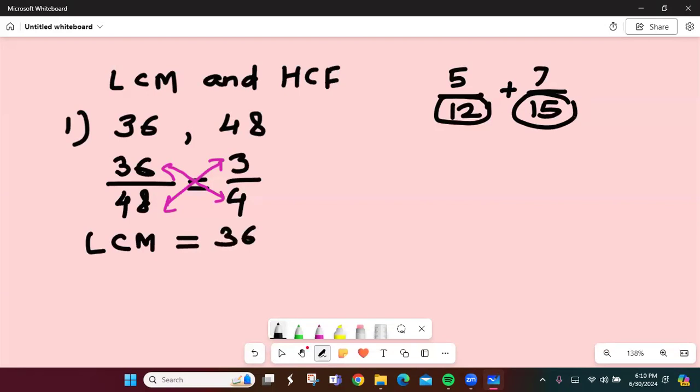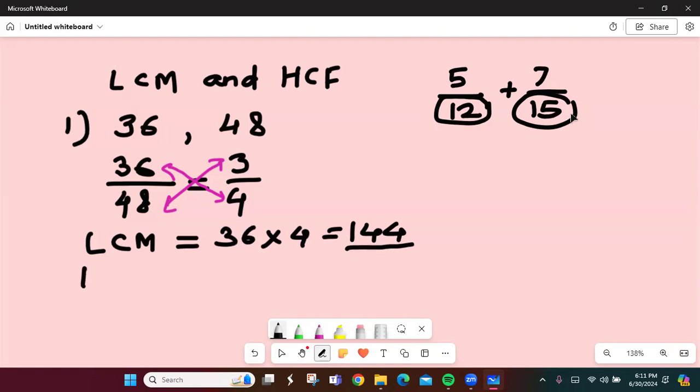So 36 into 4, that is 144. LCM, that is least common multiple. And what is the least common multiple? It is the smallest multiple which is common to both the numbers. So 36 has a multiple as 144 because 36 fours are 144 and 48 threes are 144. And hence this is the least common multiple.